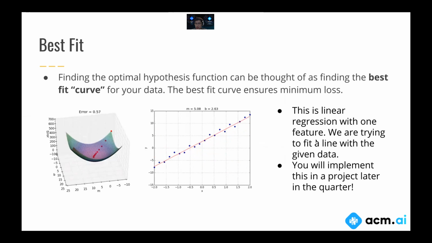This is how linear regression with one feature works. It's pretty easy to visualize. And if you don't quite get it just yet, don't worry, because we'll implement this in one of our guided projects later in the quarter.